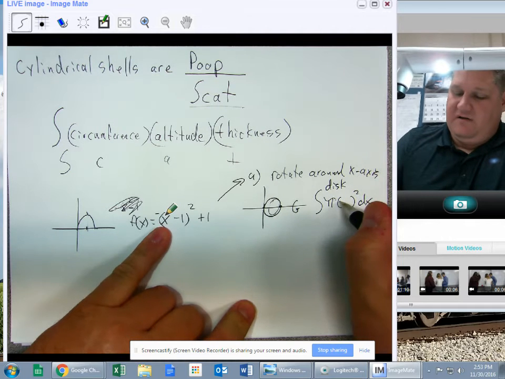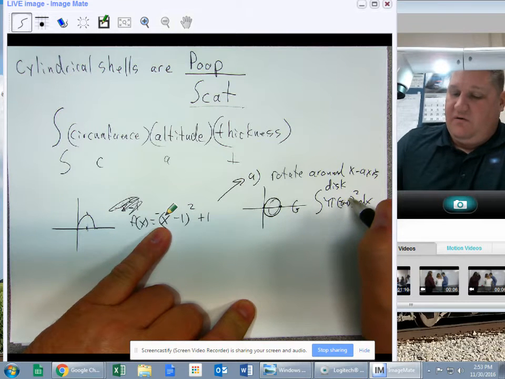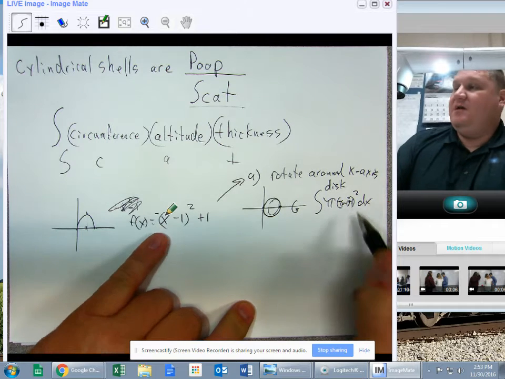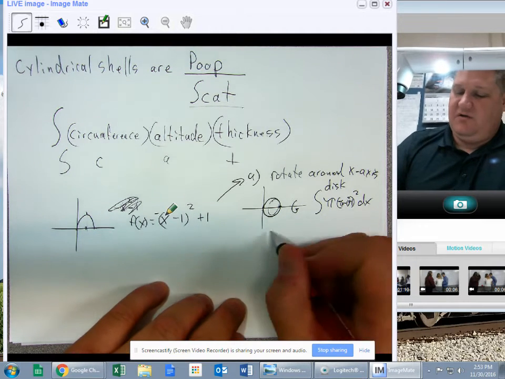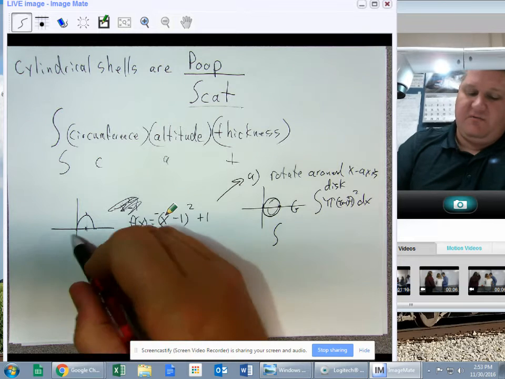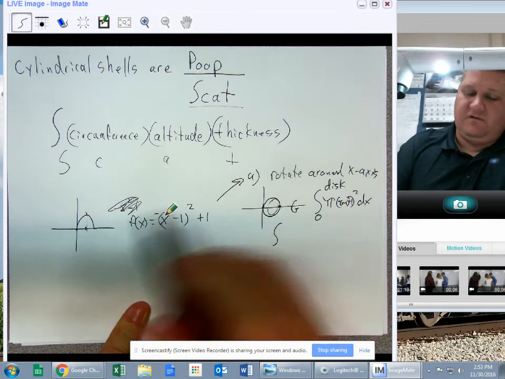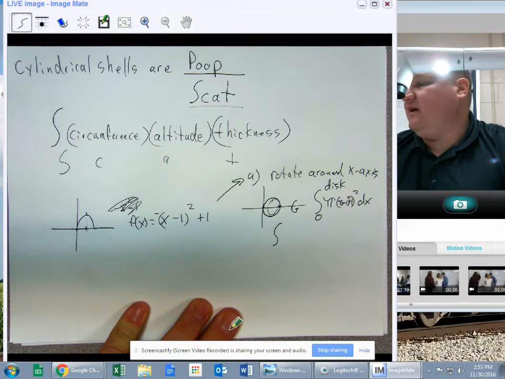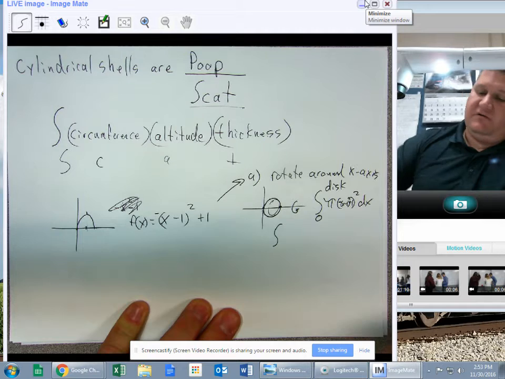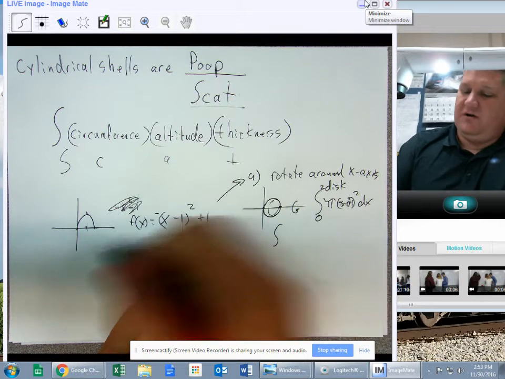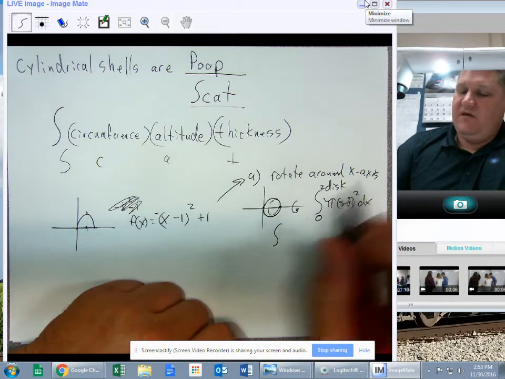Well, what's r? It's negative (x minus 1) squared plus 1. Not a lot of fun, but we can FOIL all that out. So integration from 0 to, well, where does it cross the x-axis again? I believe it's 2, but just in case, let's throw it up here. Yep, it's at 2. So we would say from 0 to 2 because we're going along the x-axis.